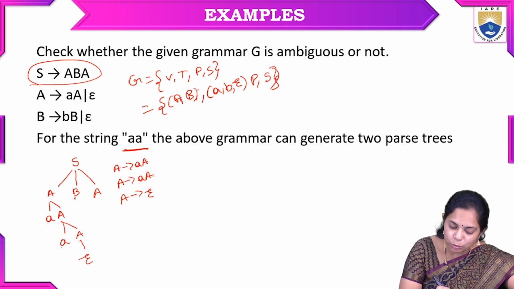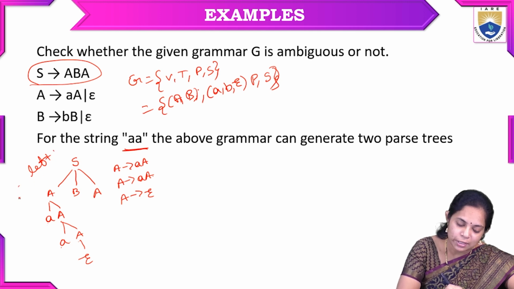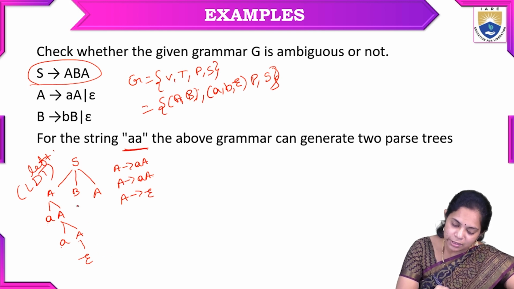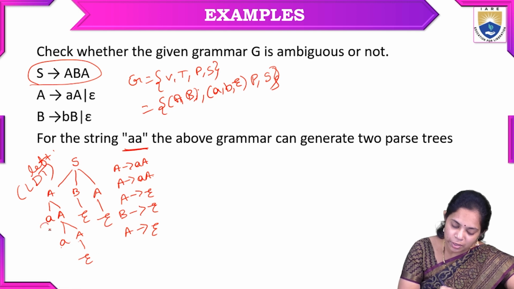And again, we have to move. Why we are moving from left to right? So, this is a left derivation tree, LDT. And here after this one, B tends to epsilon and A tends to epsilon. We have to replace. So, finally what we got? We have the input string.